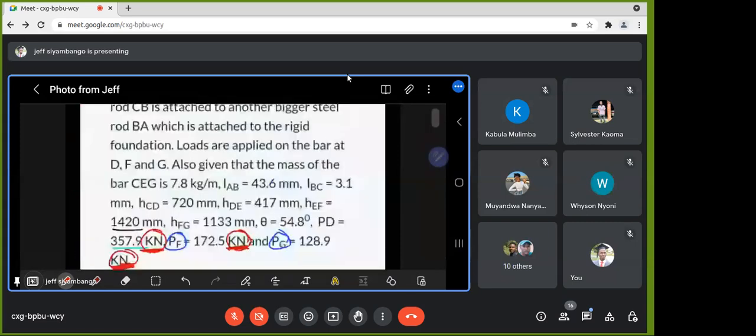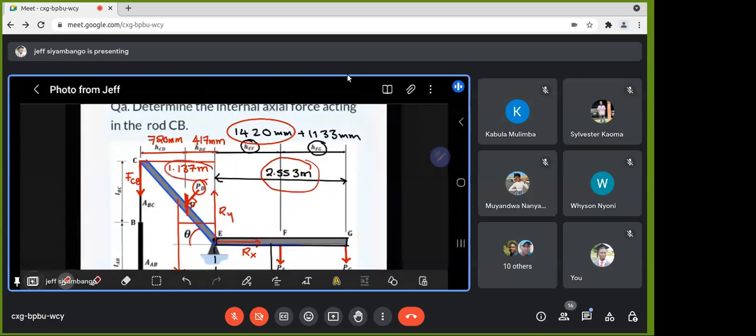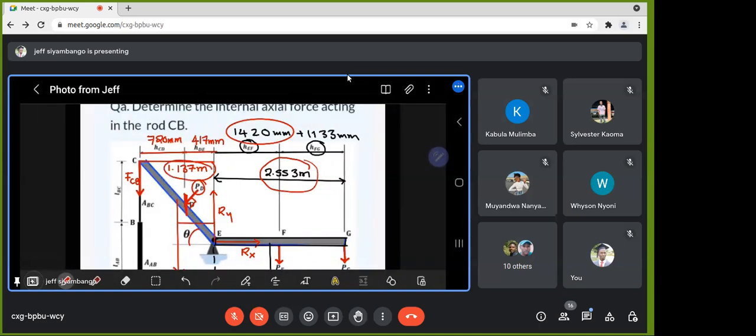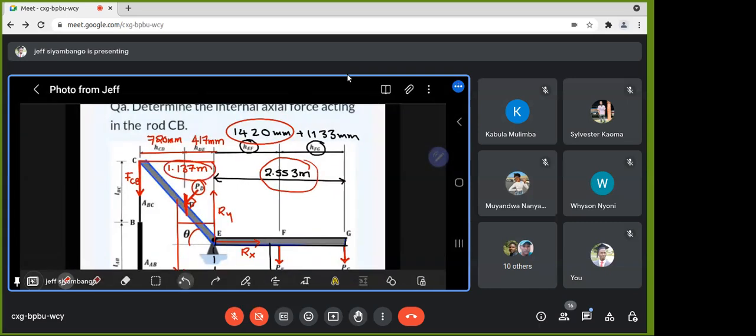We got it from here. We added from C all the way up to there. So we added the 720 plus the 417, and we got 1,137. But we said that was in millimeters. So we divided it by 1,000 so that we get it in meters. That is how we got that 1.137 meters. But since the weight has to be halfway, halving this gives us the halfway point from here to there. Have you got that?